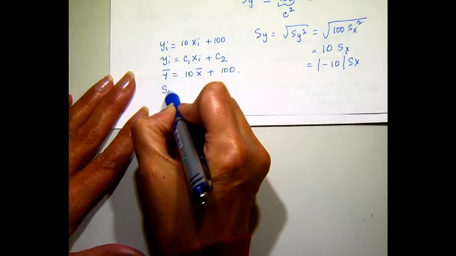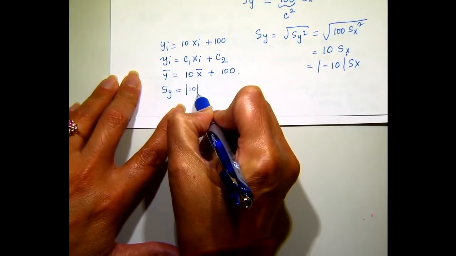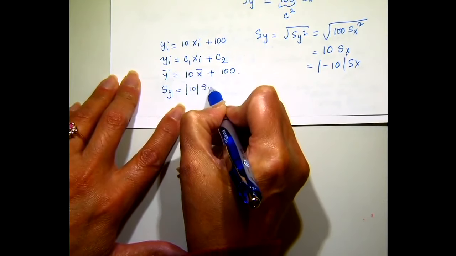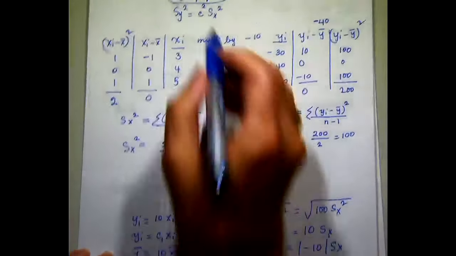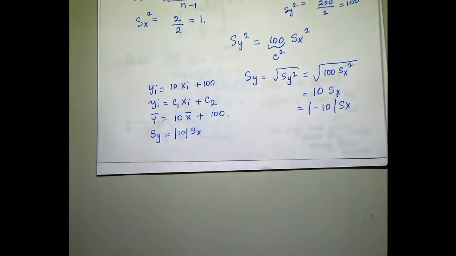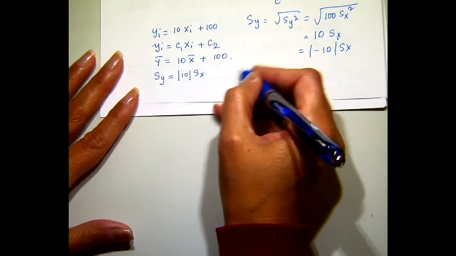So s_y would be absolute value of 10, which is just 10, times s_x, using this rule. But we already know that sliding to the right doesn't change the standard deviation, right? So this 100 would have no impact. Follow or not?